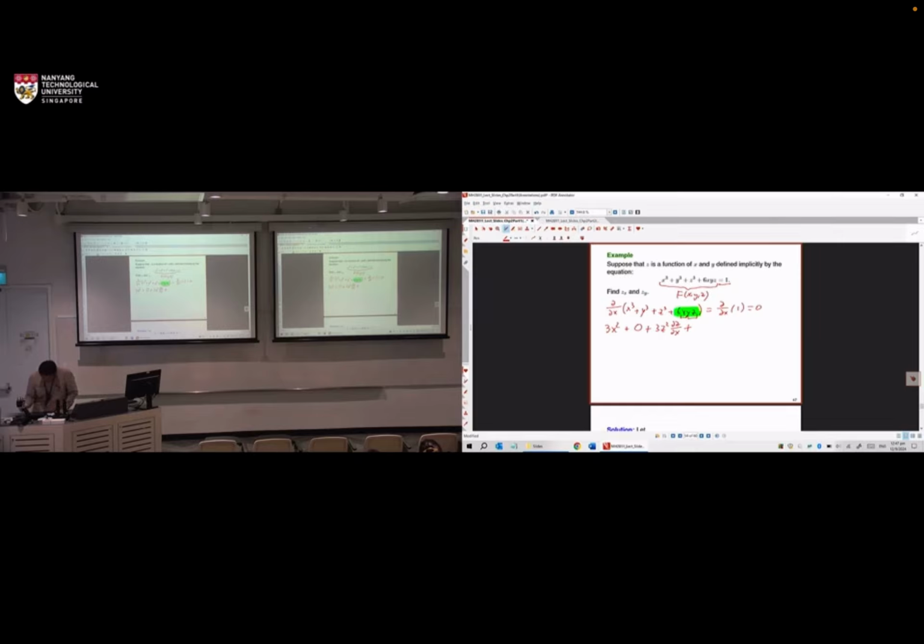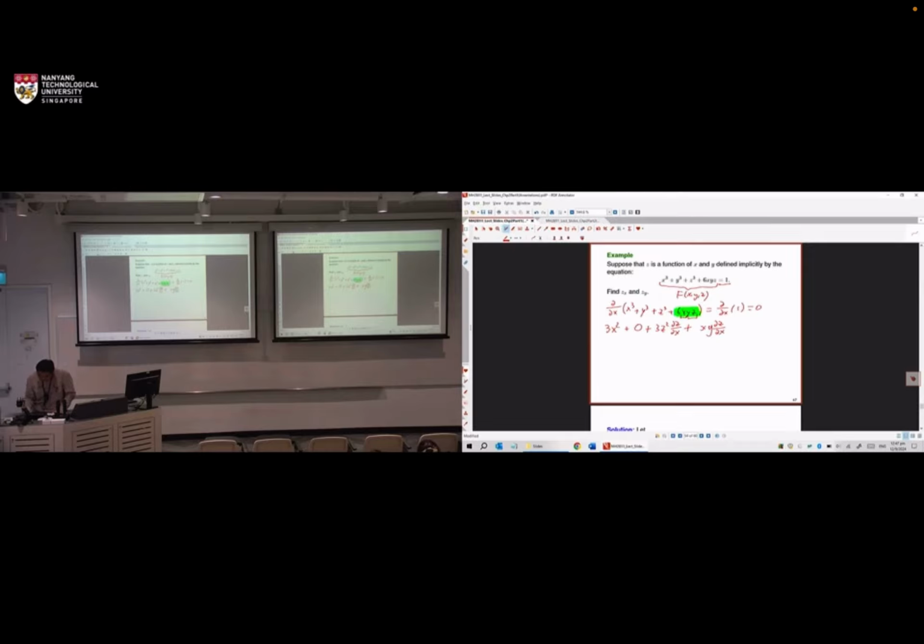How do you do product rule? You copy down the first term, and differentiate yz with respect to x. Your y is a constant when you differentiate with respect to x, but your z has a component of x inside, so del z del x.